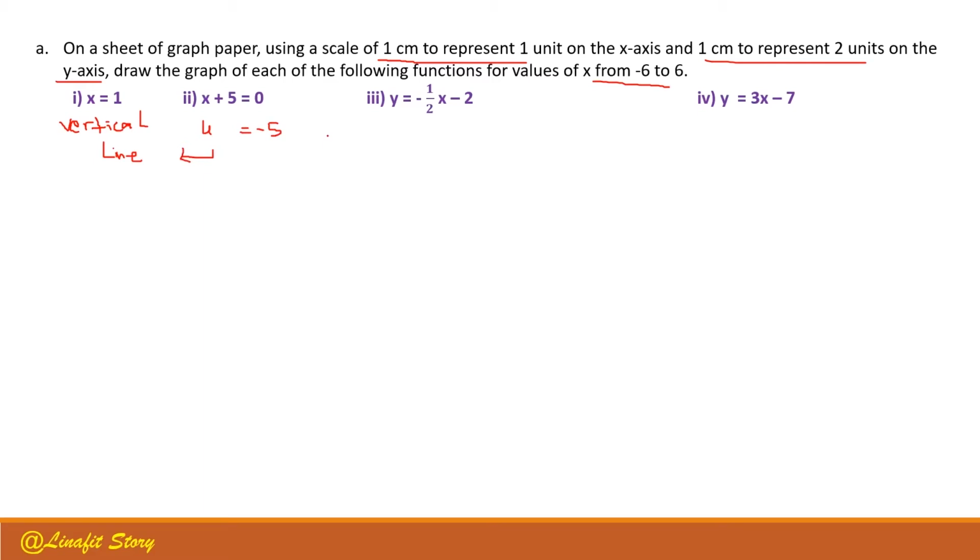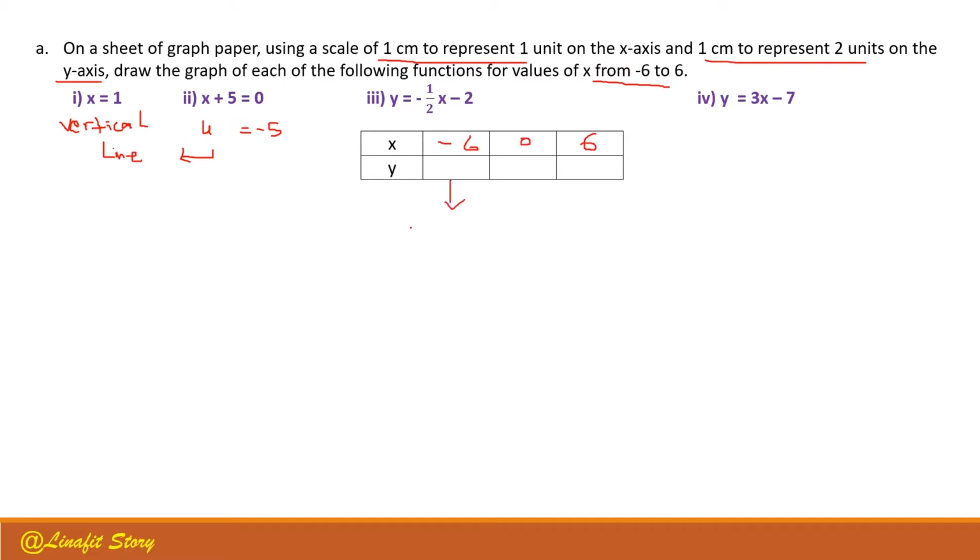The third, y is equal to -1/2 x minus 2. So first, we should draw the table. X is the input, y is the output. The x is from -6 to 6. So the inputs are -6, 0, and 6.